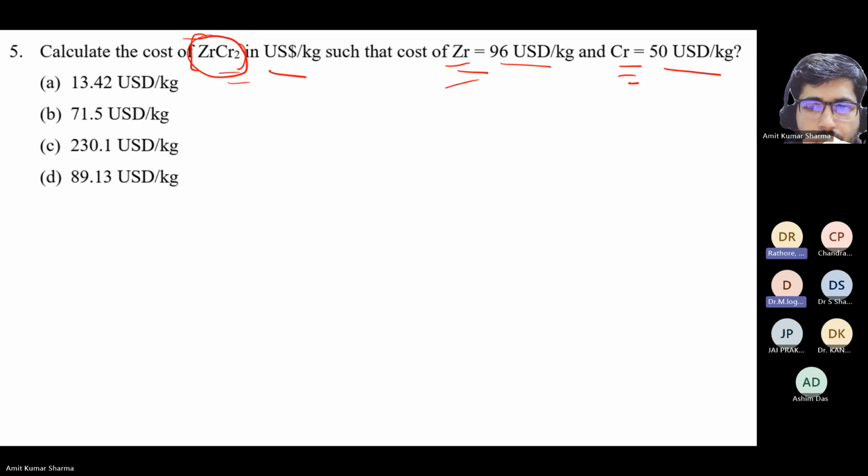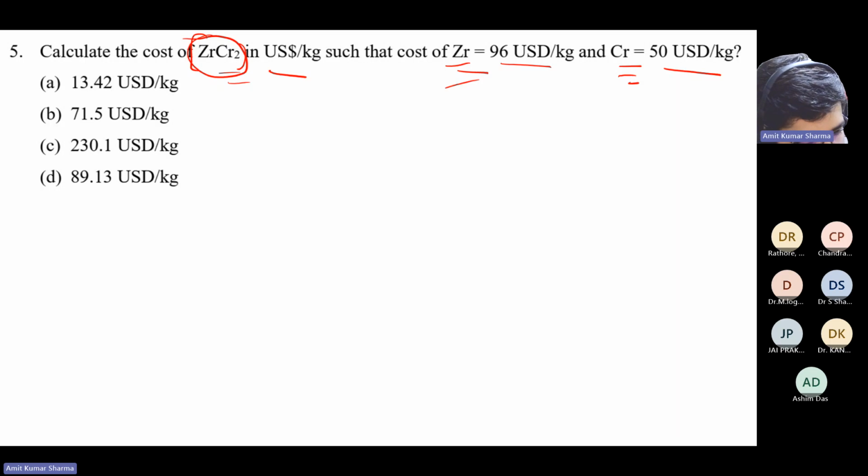For that, we need the molar mass of zirconium and Cr2, so I can tell you. The molar mass of zirconium is around 92, I think, 91.22.